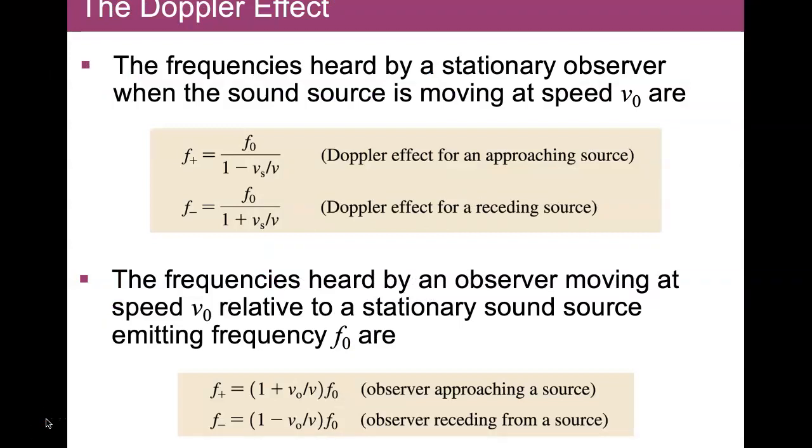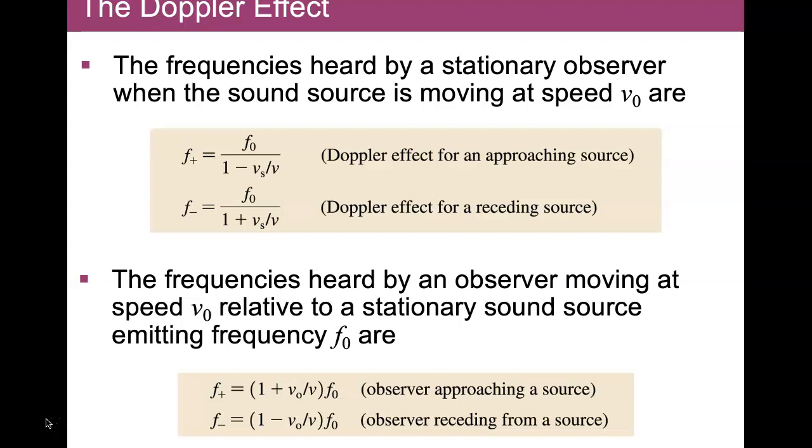A little bit later we'll talk about the Doppler effect for light, and it turns out we can't use the same derivation for light, because light moves at the speed of light, which is really fast, and this classical kinematics picture is not adequate. We have to use the theory of relativity, which is not something we're doing in this course. So I won't be deriving the expressions for the Doppler effect for light. We'll just take them and use them.